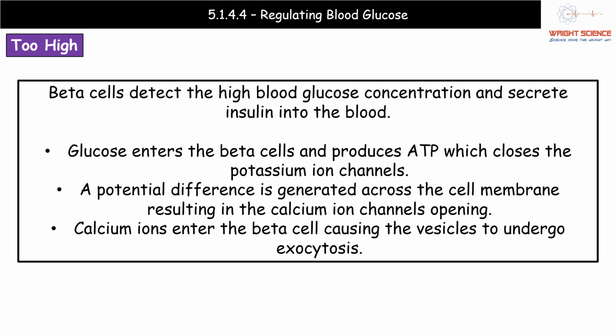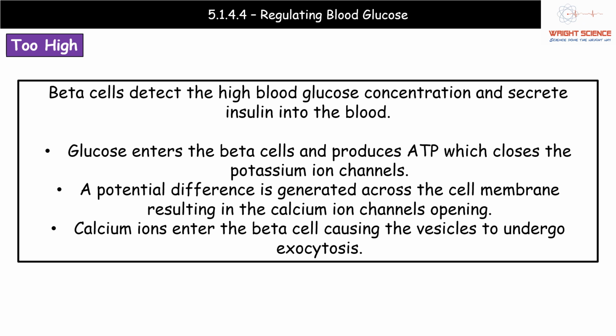Let's now have a little look at what happens in those two scenarios, blood glucose too high, blood glucose too low. So we'll start with our blood glucose concentration being too high. If we've got a surplus of glucose within our bloodstream, then the beta cells of our pancreas are going to detect that. So the glucose enters those beta cells, and as a result we produce ATP.